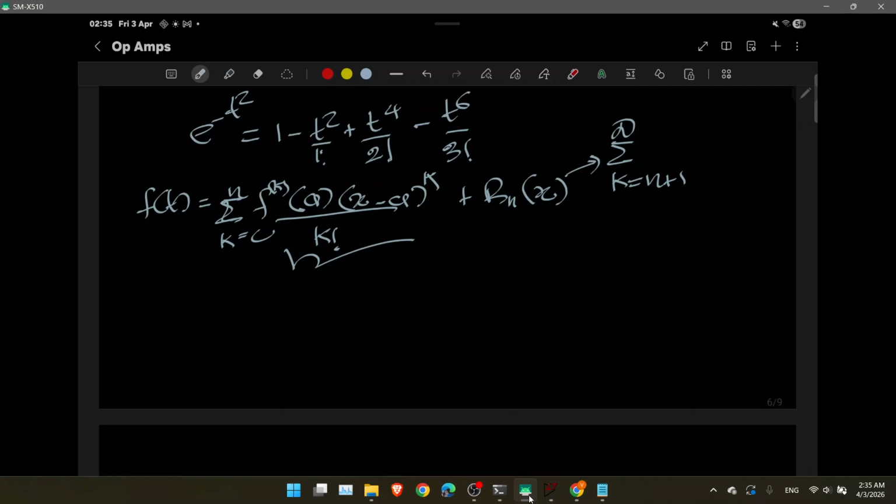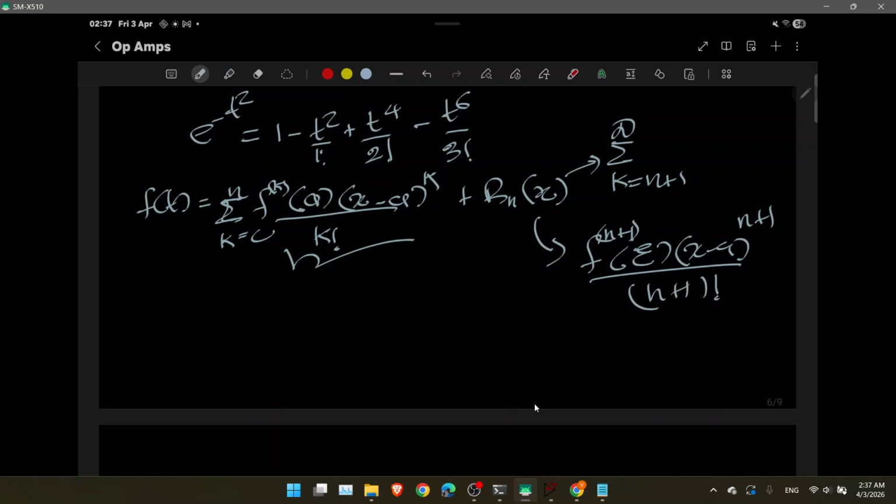You can also write the remainder as the n plus 1 derivative of f at zeta, times x minus a to the power n plus 1, over n plus 1 factorial.